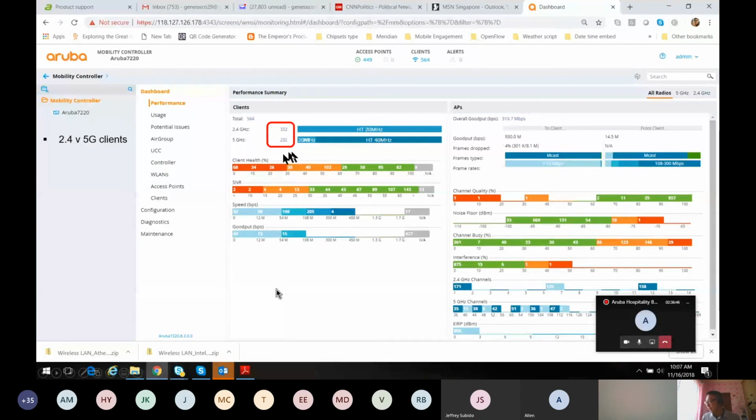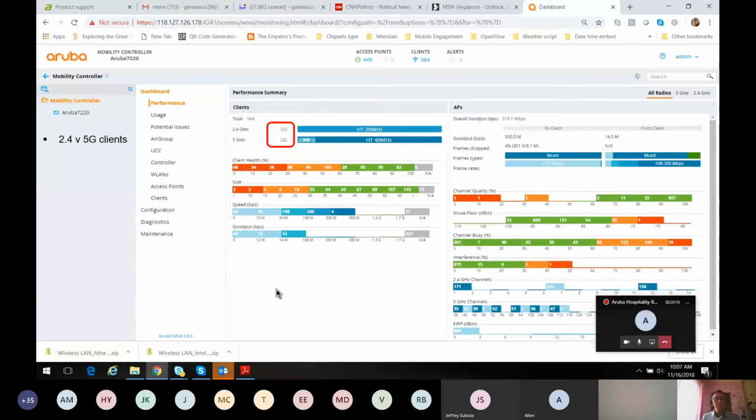It's not going to be a hard rule. If you have a lot of outdoors, I'd expect to see more 2.4. But if I have a lot of indoors and APs with close high density, meaning APs are close together, I expect to see more 5 gig, or balance. In some cases almost 50-50, but I would prefer, if I can, to get more 5 gig than 2.4.